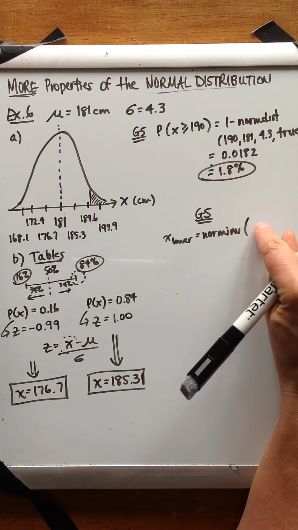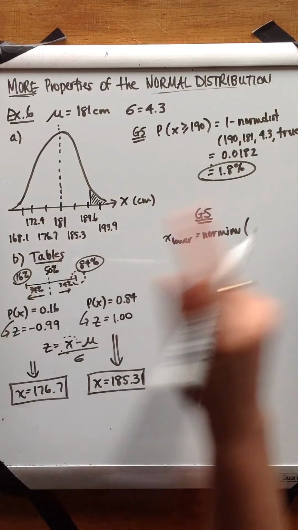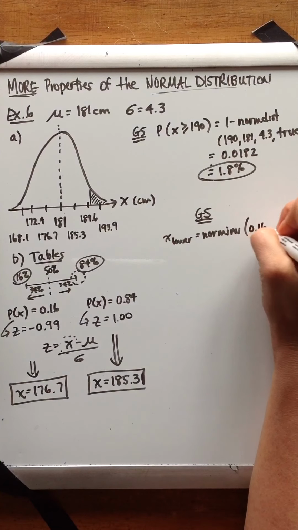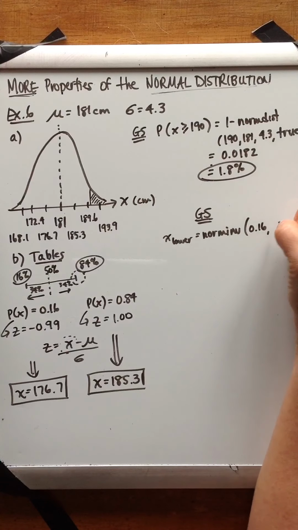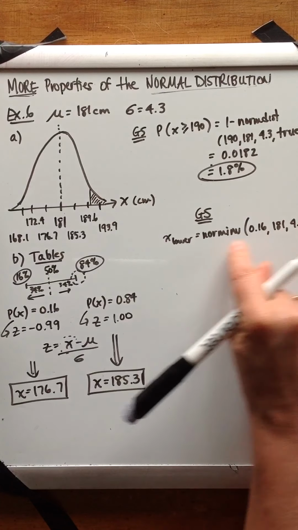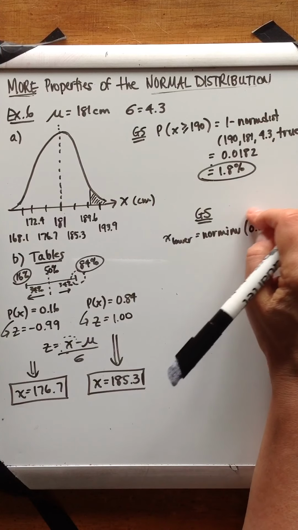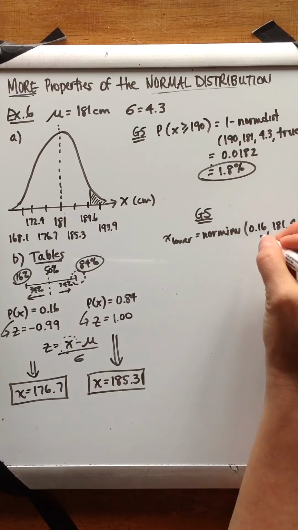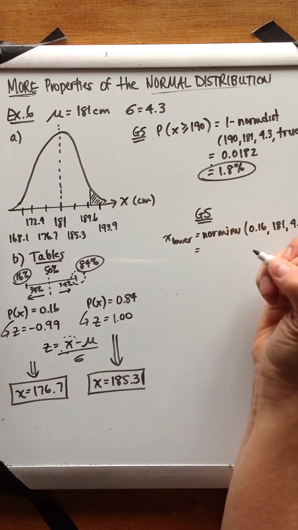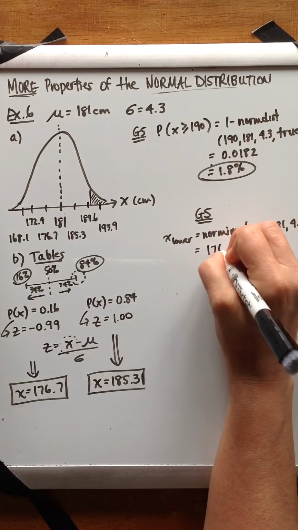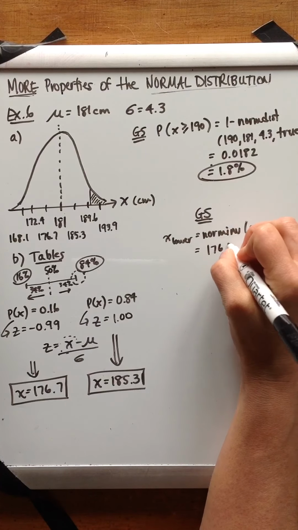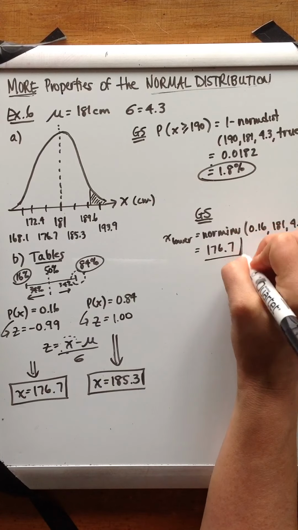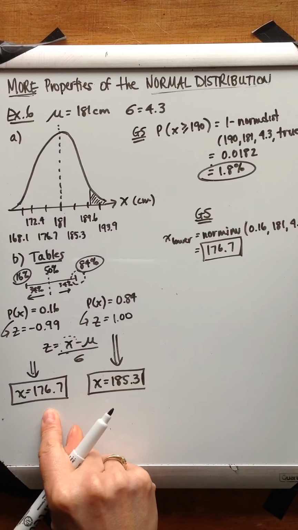Let's put in that percentage, which is 16. We'll do it as a decimal. The mean is 181, standard deviation is 4.3. And again, we only need 3 things to input when we're using this function instead of 4 when we're using norm distribution. And when you hit equals, it should end up giving you, not surprisingly, a value of 176.7, which is what we got over here using this method.